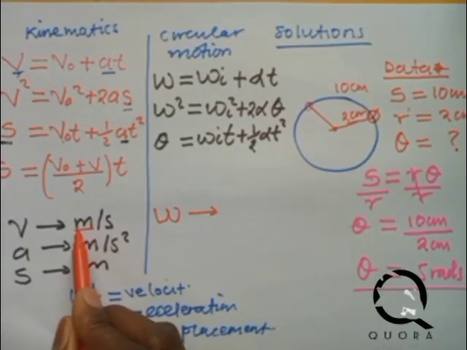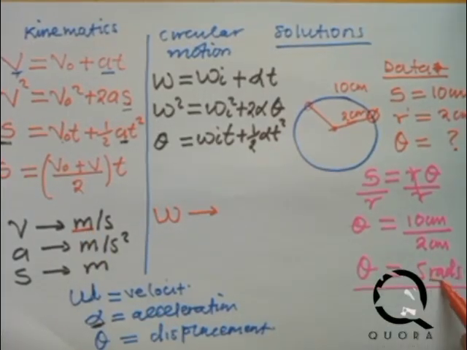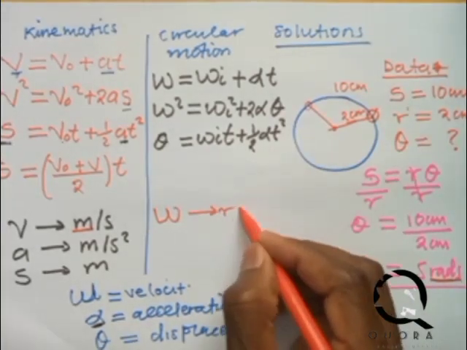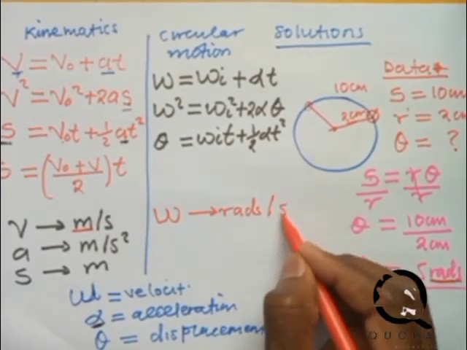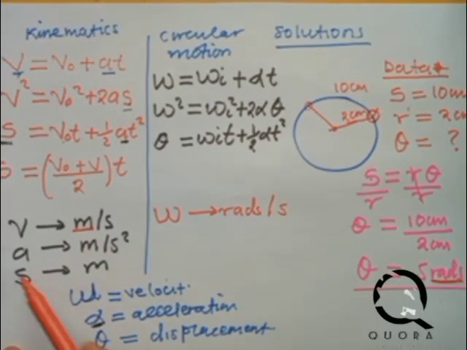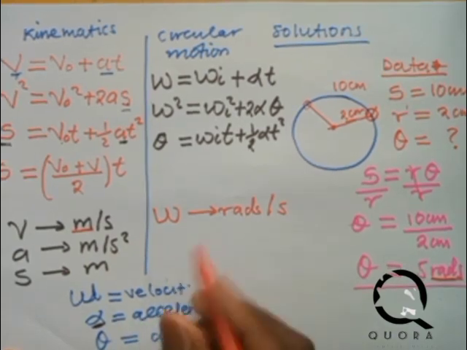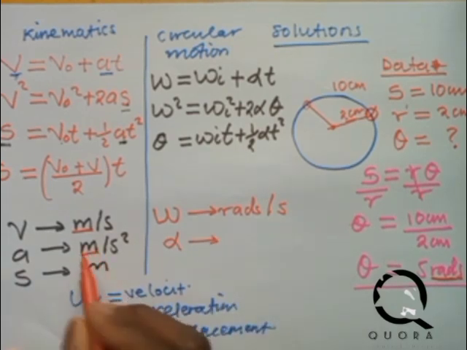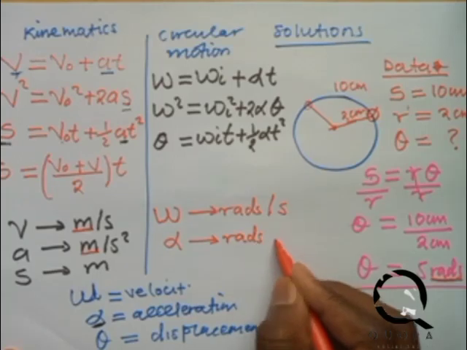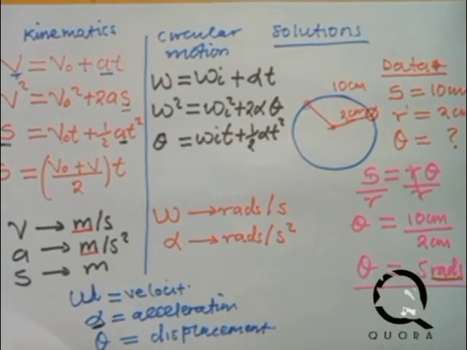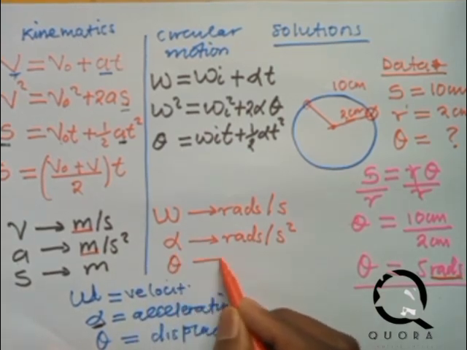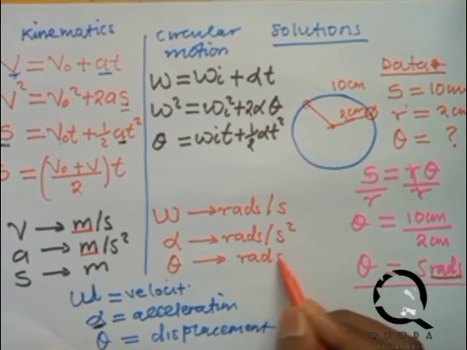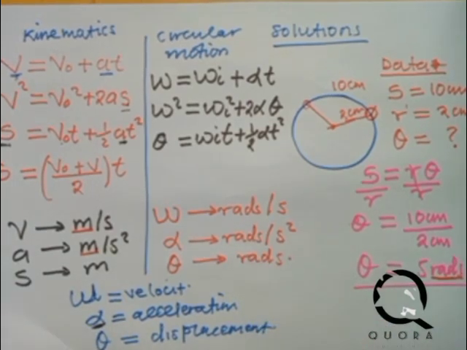Where distance is measured in meters, for this one we replace it with rads, so this is measured in rads per second. Acceleration is measured in meters per second squared, so here alpha must be measured in rads per second squared. Displacement, theta, is measured in rads.